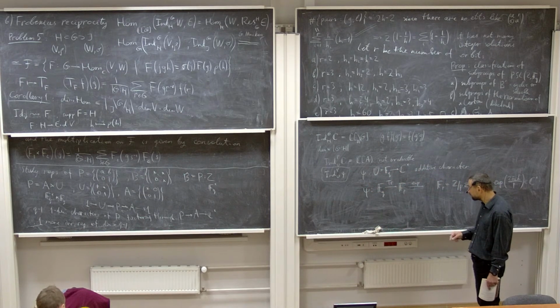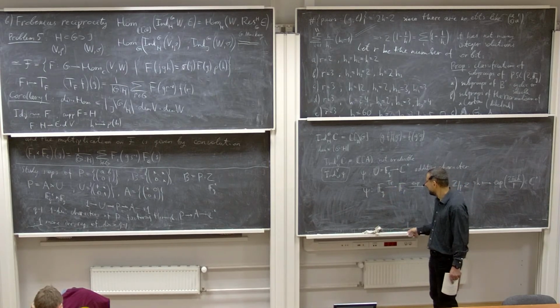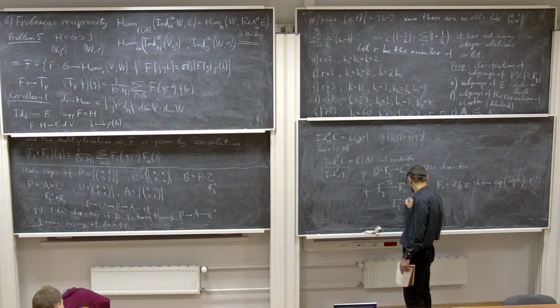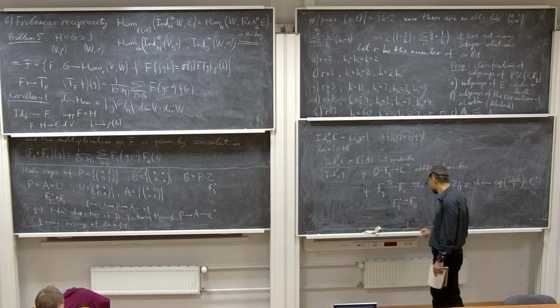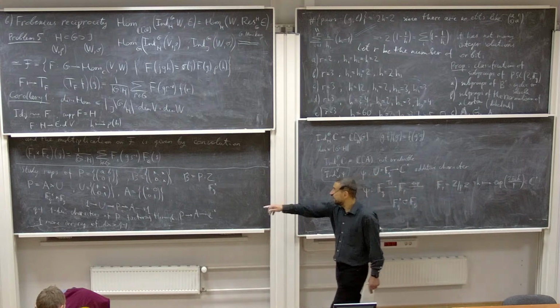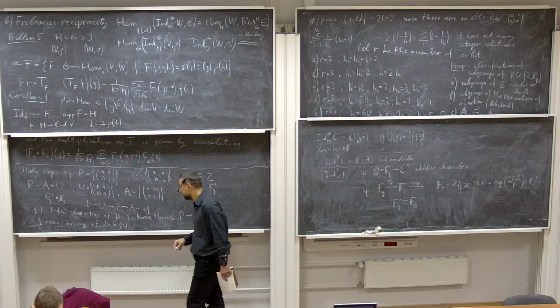But then from another point of view, they are all the same. Namely, there is a multiplication action of F_q star on F_q. You can multiply by any number, and from this point of view it's in fact the same as the conjugation action.